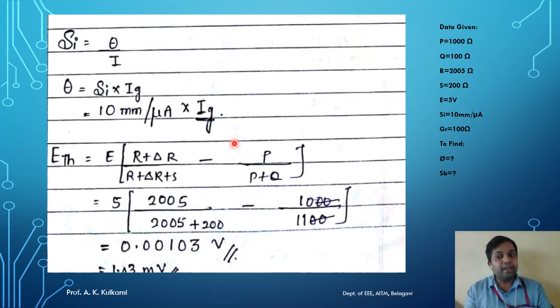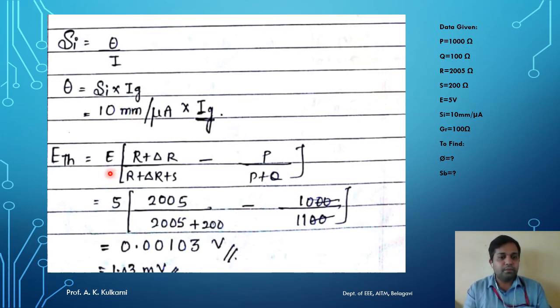If you compare with our previous problem, there we calculated the flow of current through the galvanometer. First we found the Thevenin's voltage. To find the Thevenin's voltage, this is the equation we are going to use. We already derived these equations in our previous sessions.